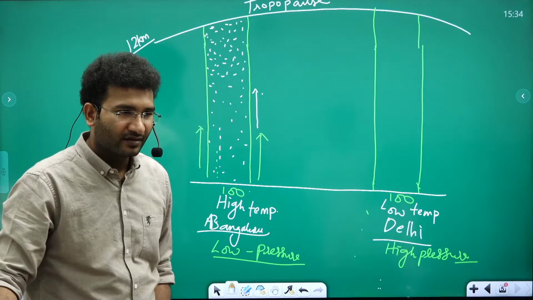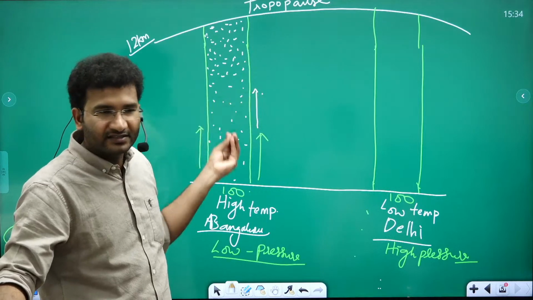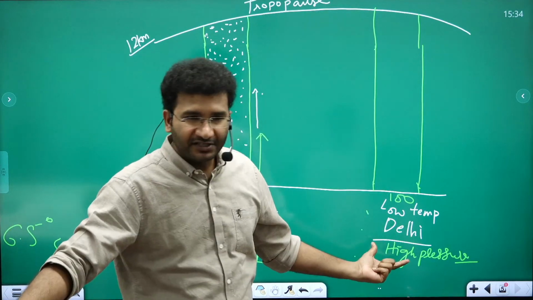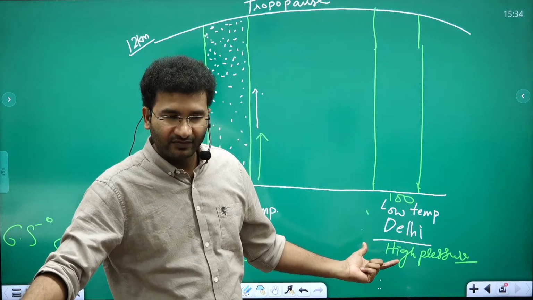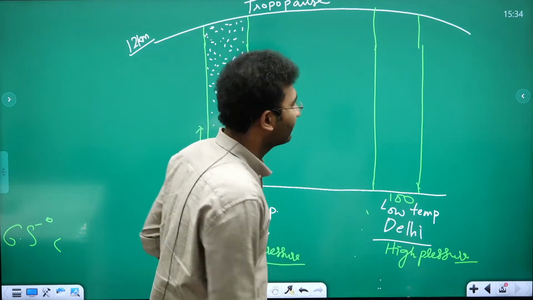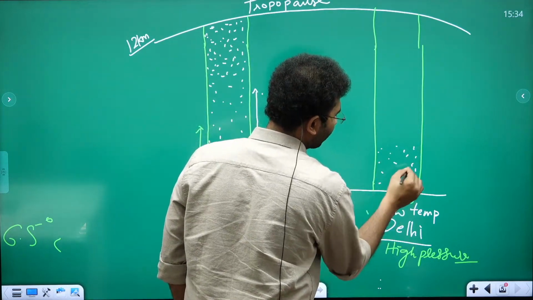Okay? Most of the air is present in the upper heights and less air is present at this end. But when you take the high pressure area where the temperatures are very low, in this case, most of the air is present at the lower end.